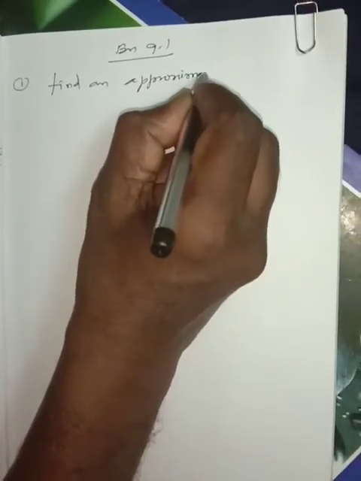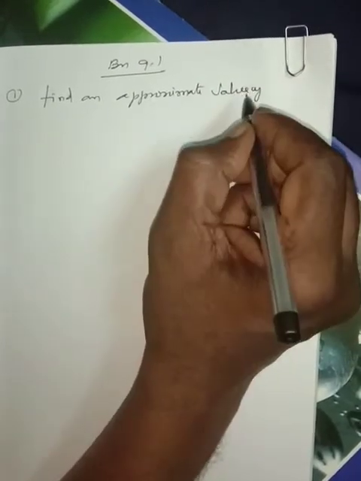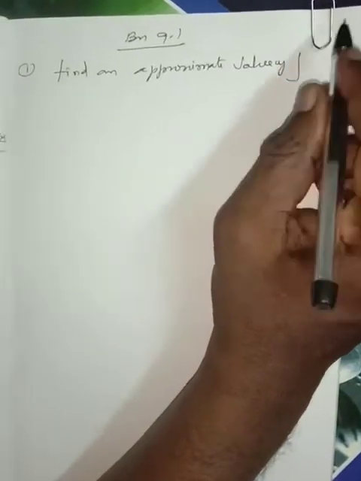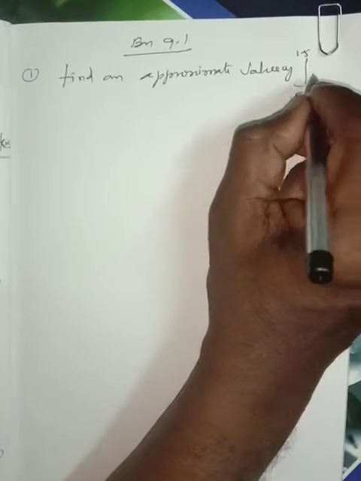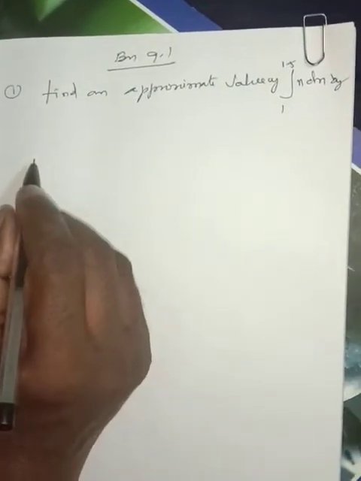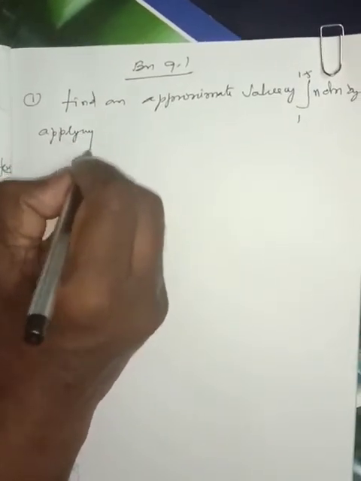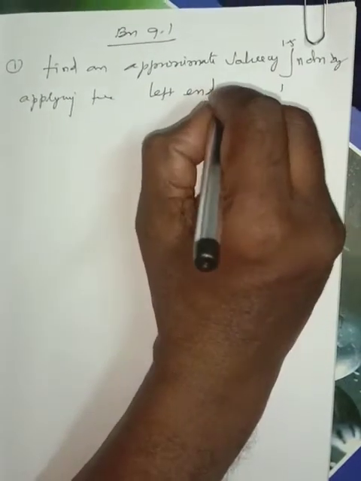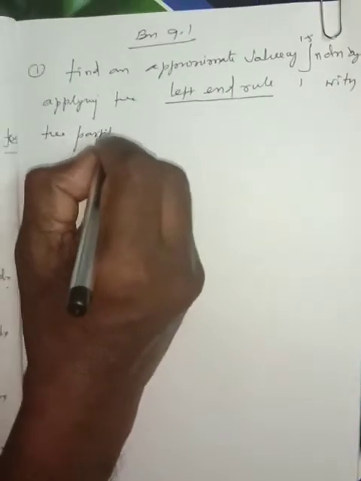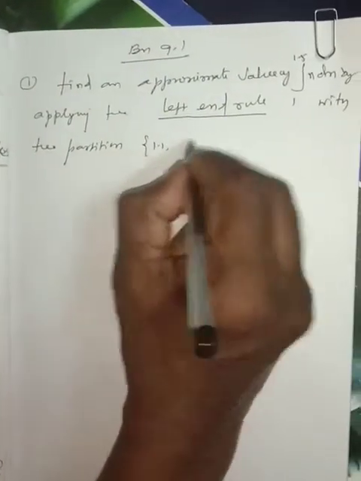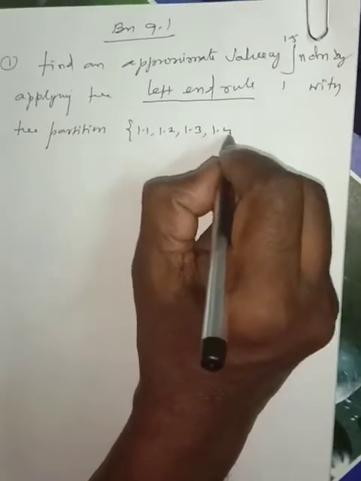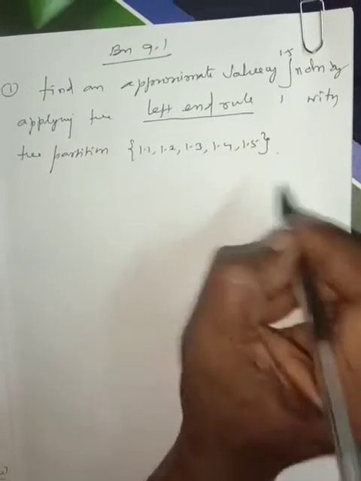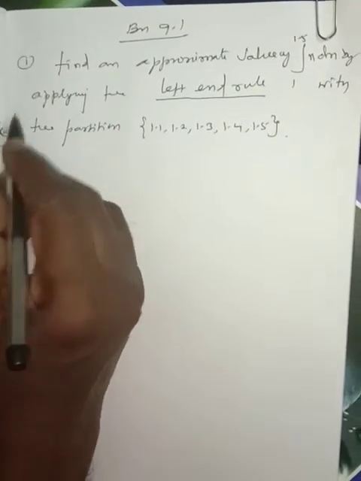Find an approximate value of the integral from 1 to 1.5 of x dx by applying the left hand rule with the partition 1.1, 1.2, 1.3, 1.4 and 1.5. These are the partitions.